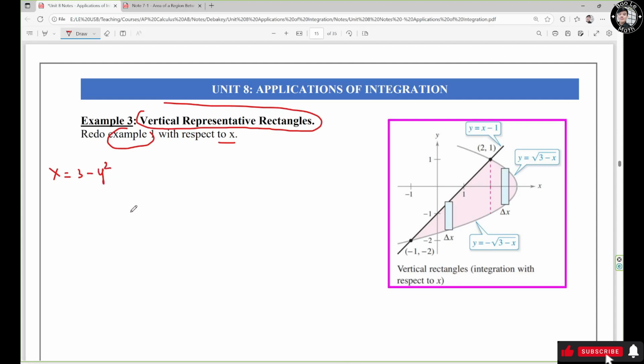You need to write y in terms of s, right? So it's going to be y squared equals -s plus 3, right? Then you're going to take the square root of both sides, right? So it's going to be y equals plus and minus square root of 3 minus s, right?